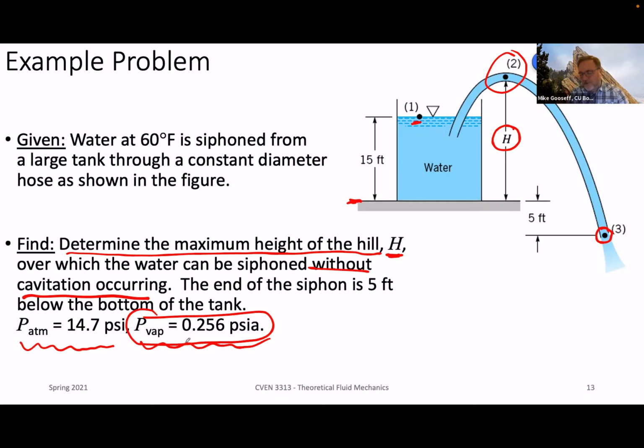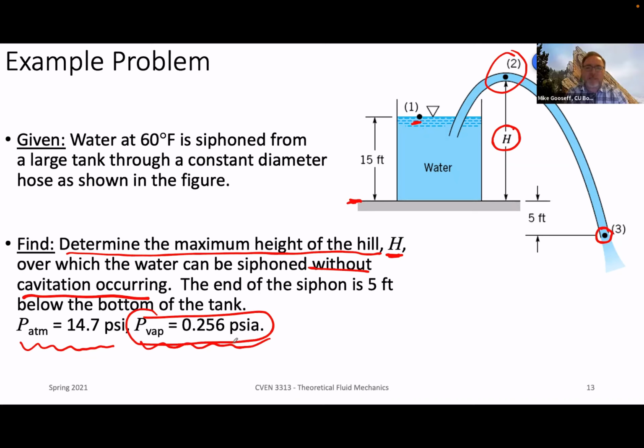So we had to convert it to gauge first to know what that was. But then we plugged that in for P2 just as a constraint, right? How we need to keep H low enough that we don't get close to that. So we're just trying to find the boundary of what H could be without reaching cavitation. Does that make sense? Yeah, it does. Thank you. Okay, you bet.